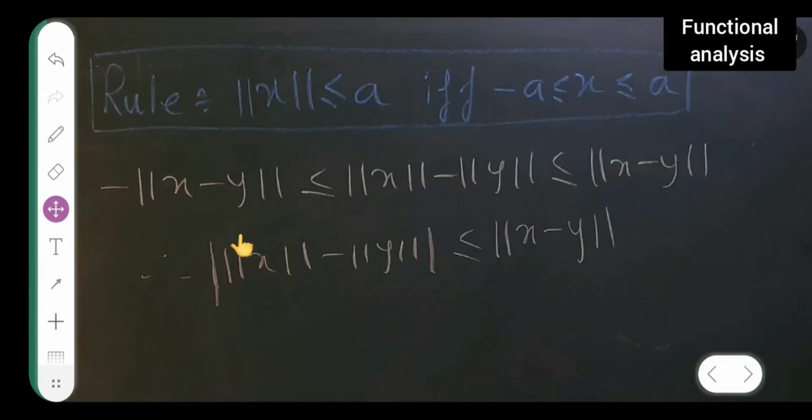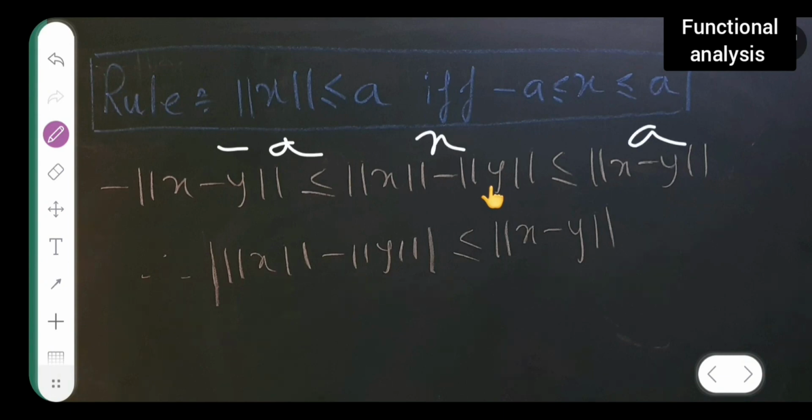Now therefore I will use this rule. So this is like your −a, this is like your x, and here it is positive a. So I will put modulus for this: modulus of ||x|| − ||y|| is less than or equal to ||x − y||. This part you will have to write as it is.